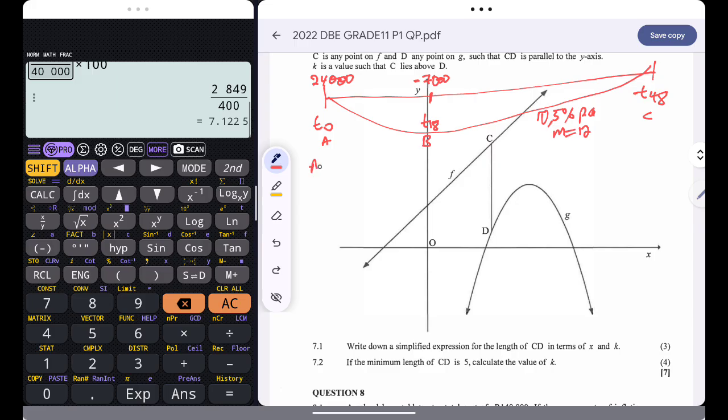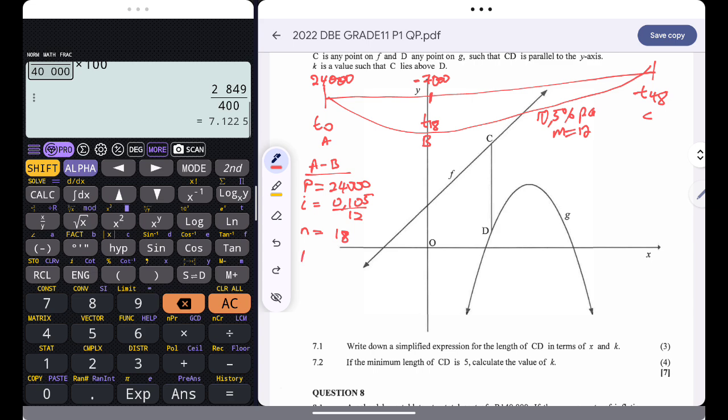So I'll move from A to B first. My principal amount is 24,000 rands, and the rate of interest is 0.105 all over 12. n is 18 because the change happens after 18 months.